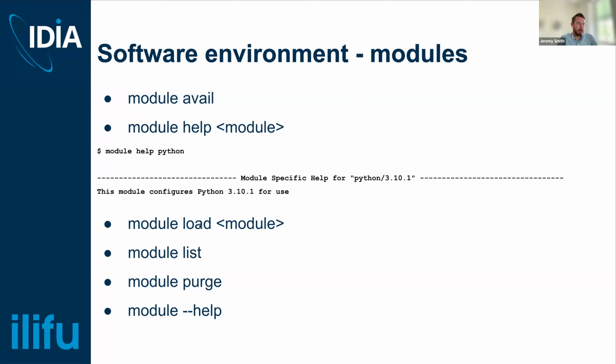Module add does the same thing as module load. You can list the currently loaded modules using module list, and you can clear or remove all your currently loaded modules with module purge. You can also look at the help information for the module binary using --help. And it is also possible to load multiple modules of different software at the same time.